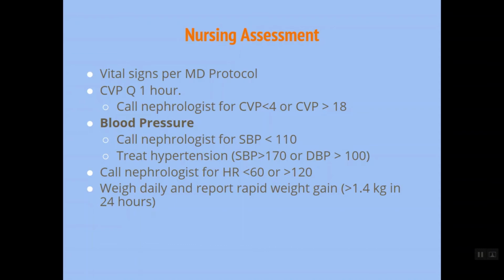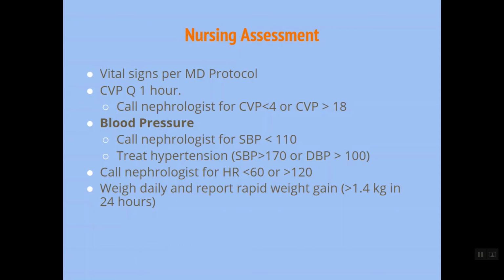With blood pressure, definitely call your nephrologist if your SBP is less than 110, because if our systolic pressure is less than 110, likelihood is that's going to affect our urine output. And a big way we know the kidney is working and that there's not any post-op complications is if the patient is making urine.